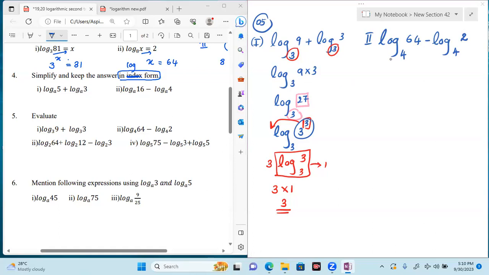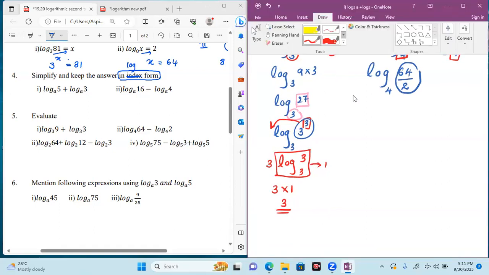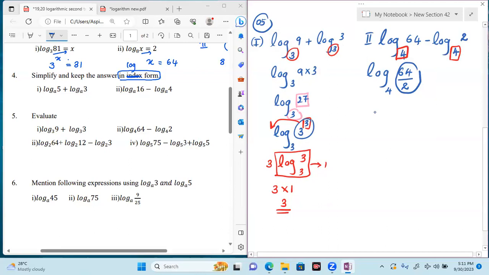Okay, then here look at what the answer is. It is logarithm of 64 divided by 2 to the base 4. It's because here the bases are equal, and here it is a subtraction, so we can divide this. So 64 divided by 2 is 32.